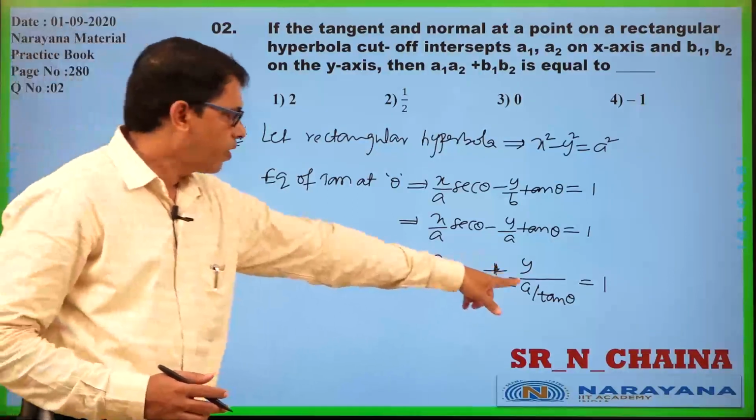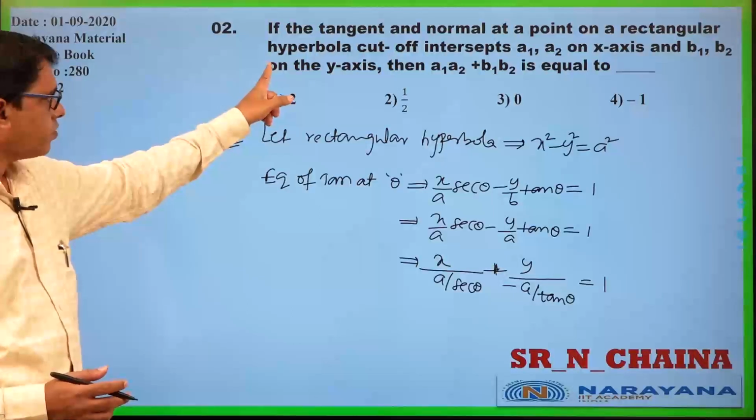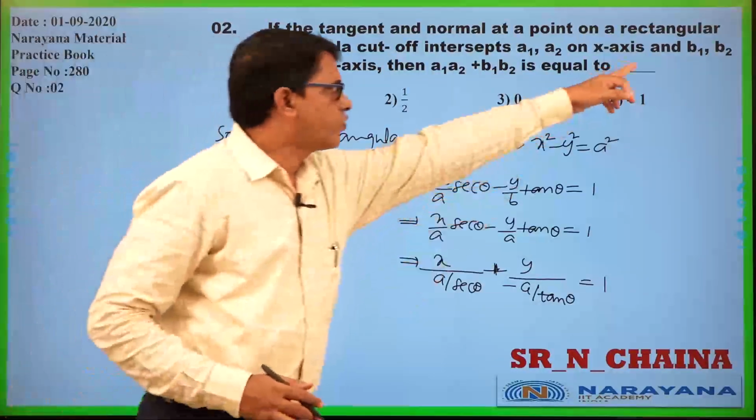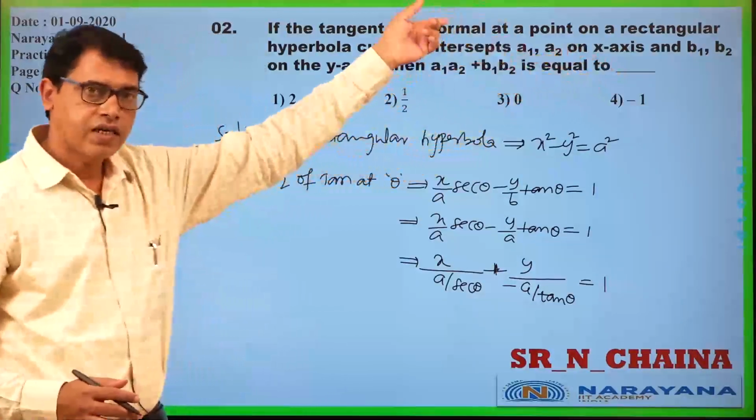So this value is a1, and this value is b1. The intercept on the x-axis by the tangent is a1, and b1 is the intercept on the y-axis by the tangent.